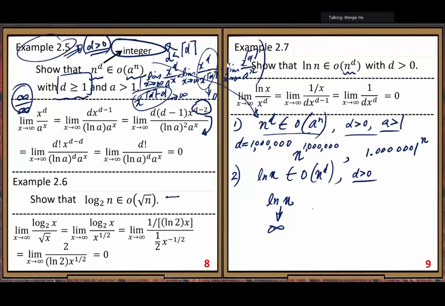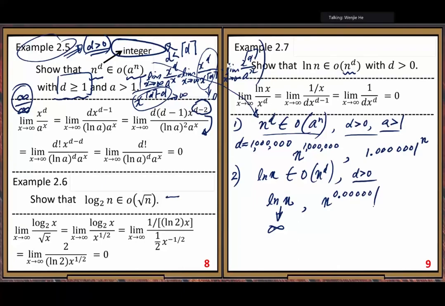Here, I want to choose one special positive number, but that one is very small: 0.00, many zeros, 1. That is a qualified power function, right?